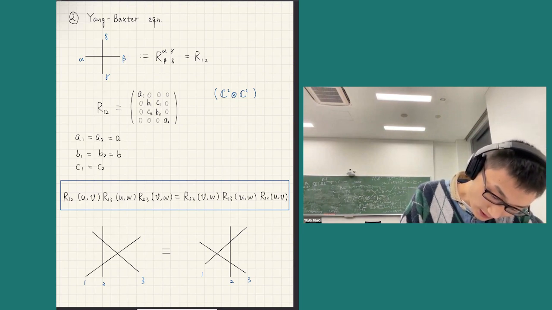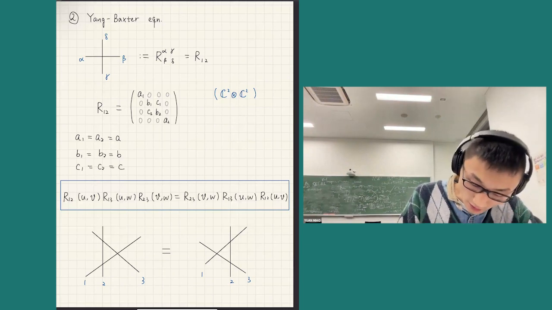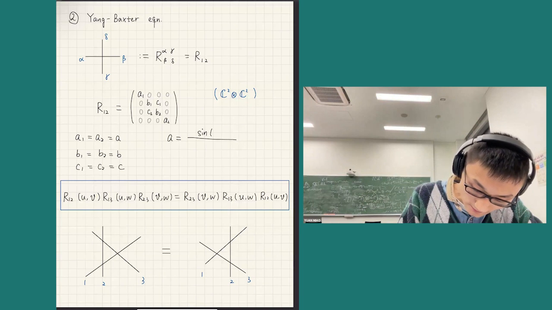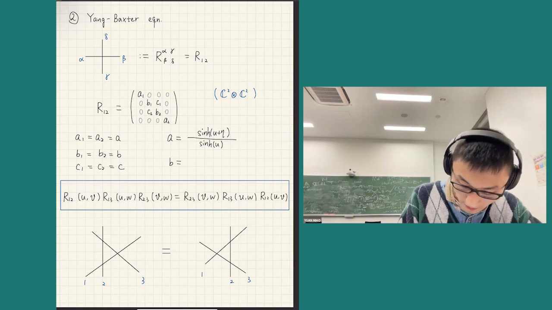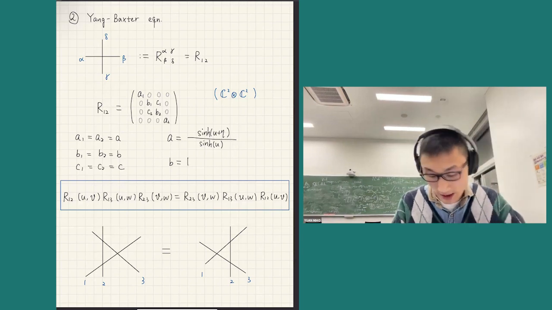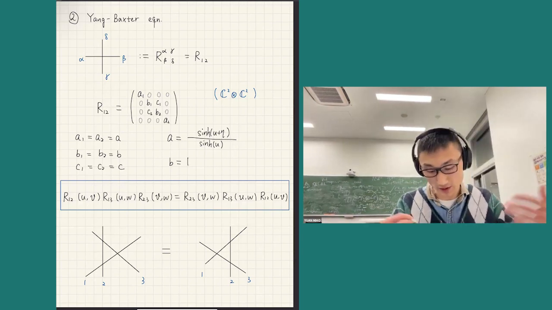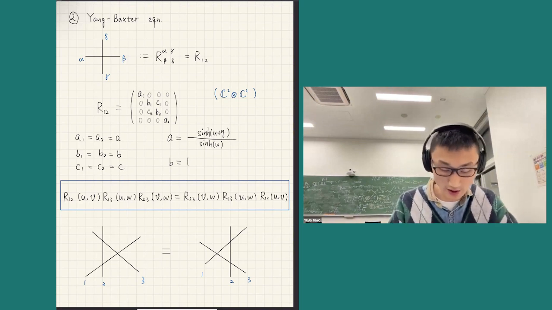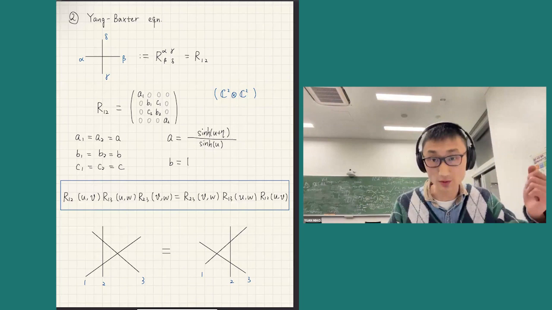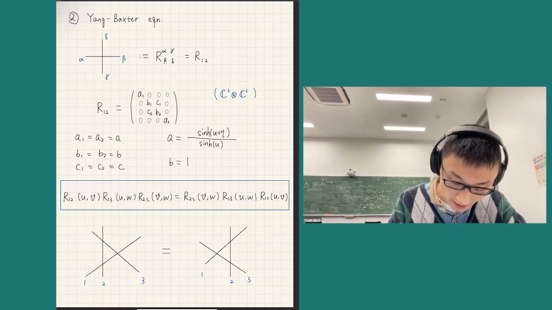and for C. And moreover, if A can be parametrized by some function in this way, so by some hyperbolic sine function, and the Boltzmann weight for B, I set it to be 1. So this is of course an arbitrary choice, because in order to calculate the partition functions, we can always rescale it, and it will not affect any physics of it.